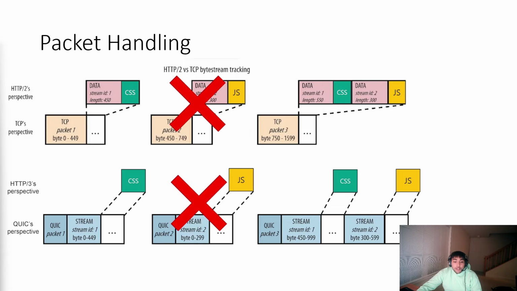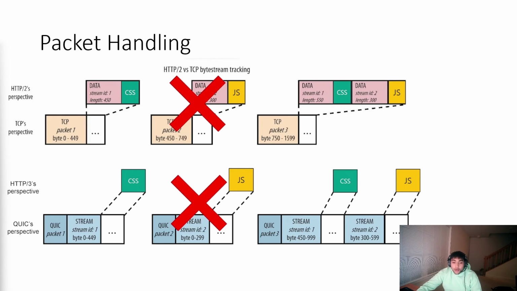Because it's specific to JavaScript, stream number 2, if in QUIC the second packet is lost, QUIC will then receive the third packet, and it can see, okay, the first packet had bytes 0 through 449 for CSS, and the third packet has byte 450, so there is no gap for the CSS, and that can be processed.